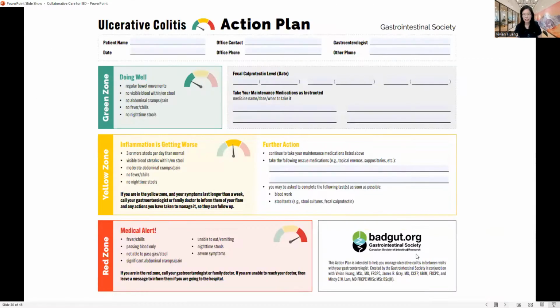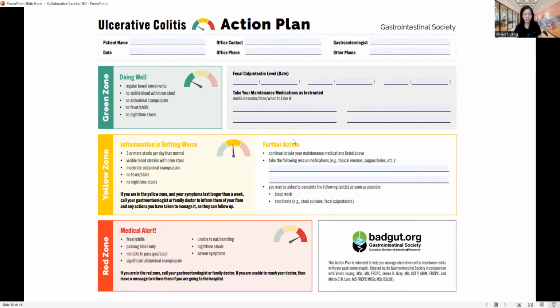So then, turns out, as I mentioned, everybody else is doing some sort of action plan. The Gastrointestinal Society actually reached out, and just recently, Dr. James Gray and Dr. Mindy Lam, and myself tried to help the Gastrointestinal Society make their version of the action plan.